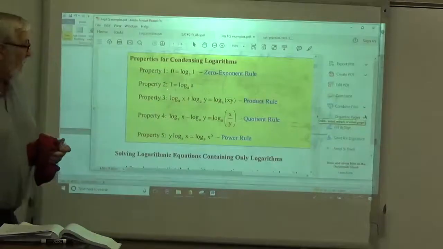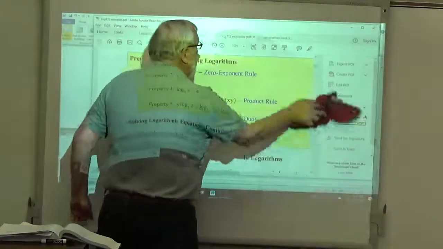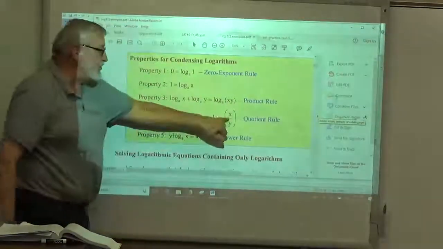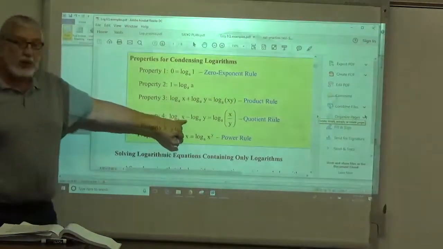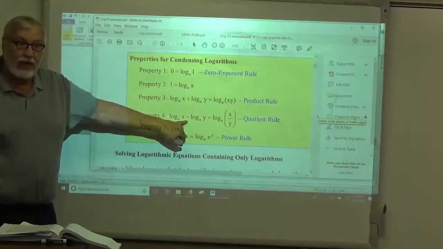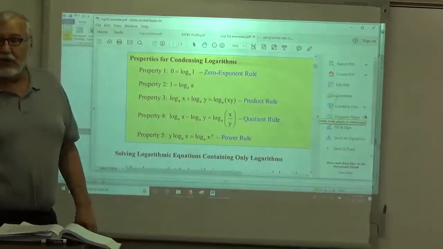So, if you have a quotient, a division problem, you can split the division problem into two logs that are subtracted.